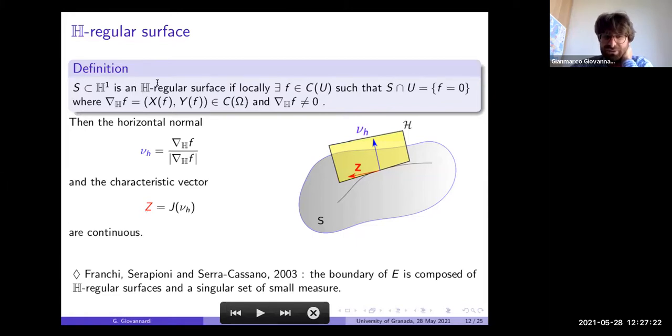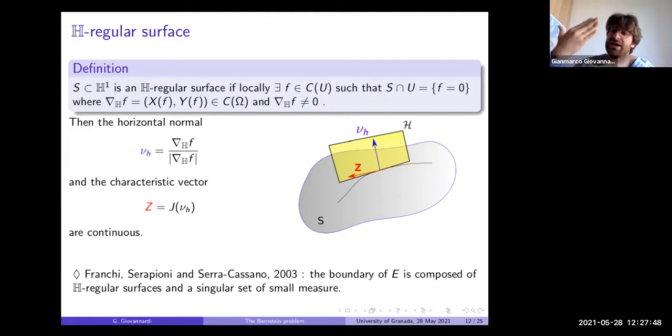So now we can understand what I mean by foliation. We have our surface, we have the horizontal normal, and we rotate the horizontal normal by 90 degrees, we obtain a vector field Z that belongs to the surface and belongs to the distribution. So this vector field is indeed the intersection between the tangent space to our surface and the distribution.